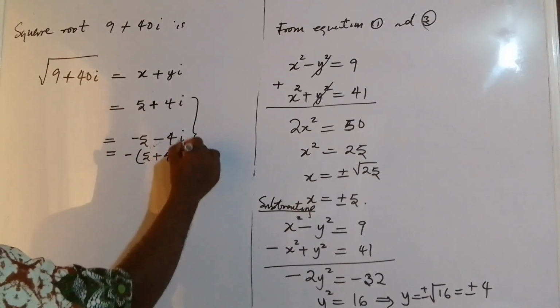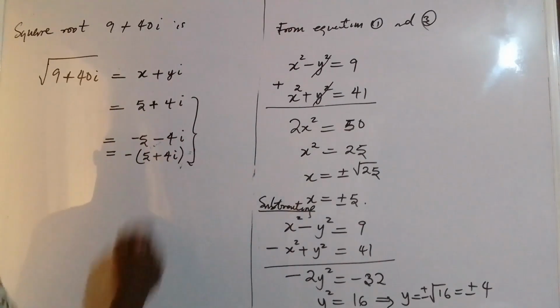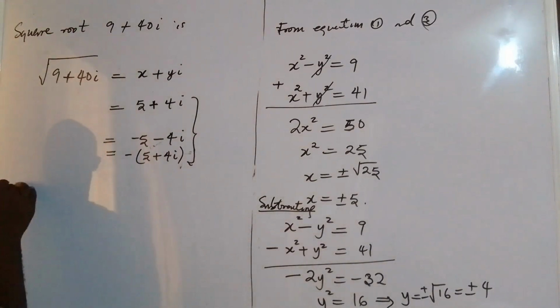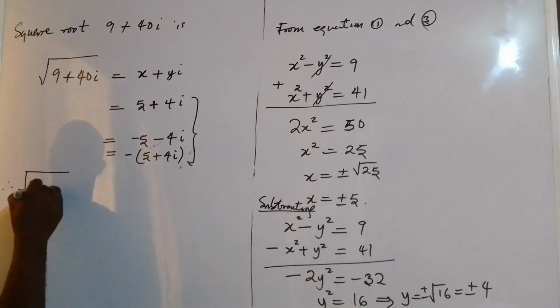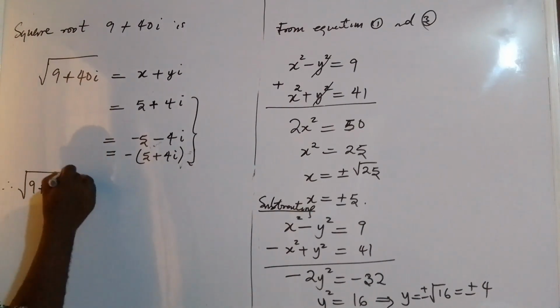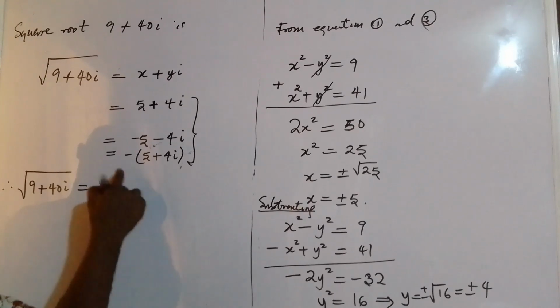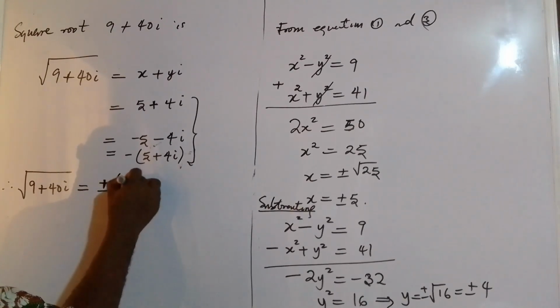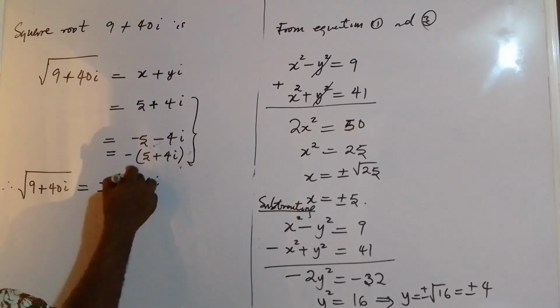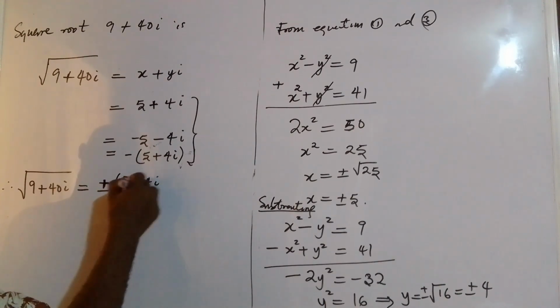So if we combine the two results, we can conclude that, therefore, the square root of 9 plus 40i is the same thing as plus and minus (5 plus 4i).